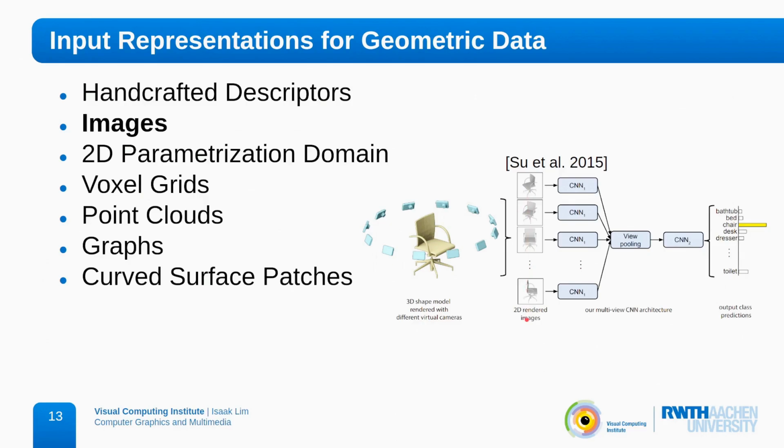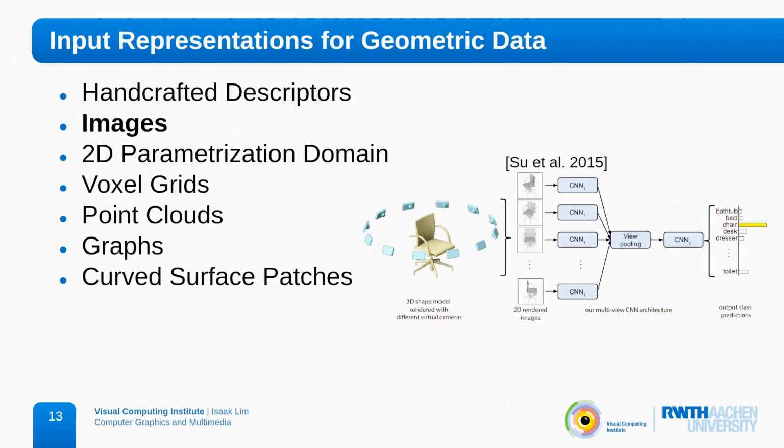Then for each image, we can simply process it with a 2D convolutional network. And then, according to our set of virtual cameras, whether they are ordered in some manner or unordered, we can apply a view pooling operation and process that output further in order to compute an encoding and then produce, in this case, a classification result.